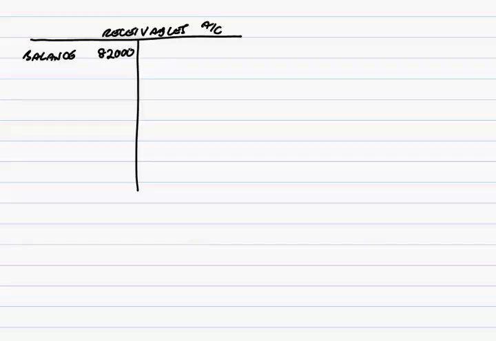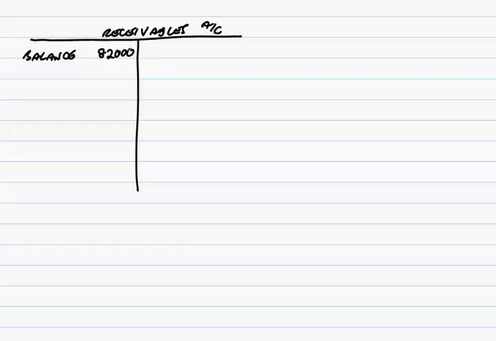Well, the first thing always is to deal with any irrecoverable debts. For the moment, ignore anything else. But remember, any irrecoverable debts we're going to remove completely. So, let's work down. A. John owed 5,000. It's irrecoverable.